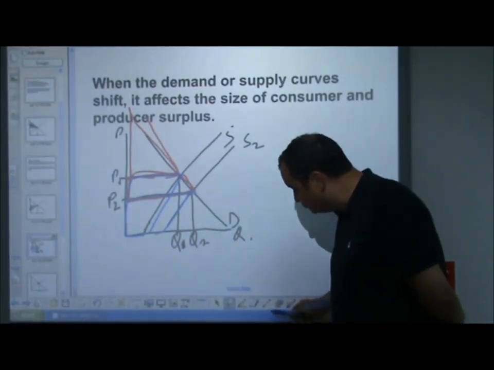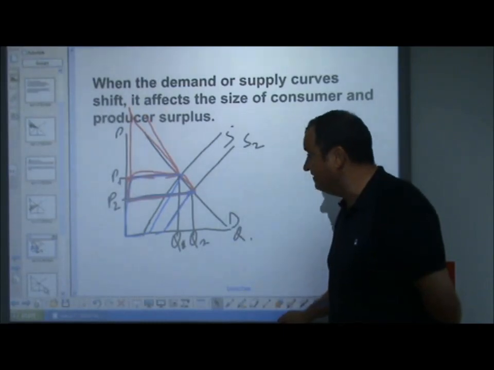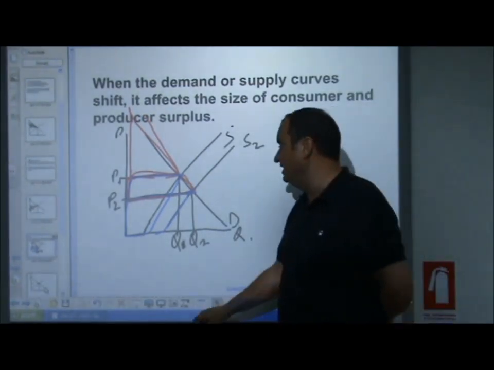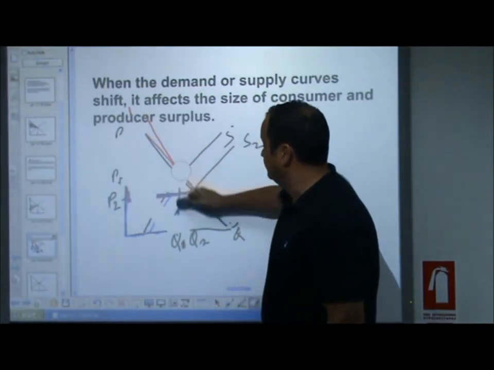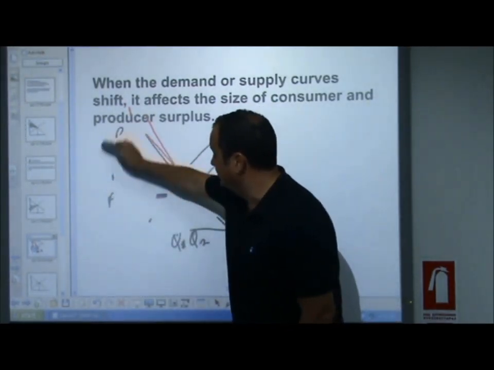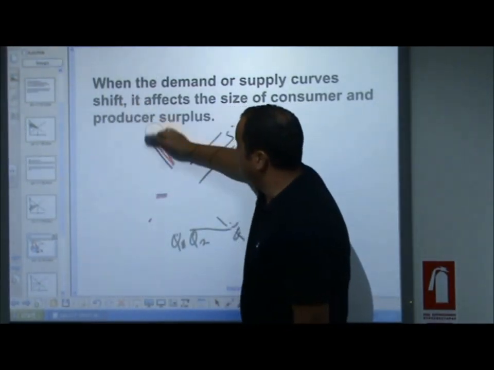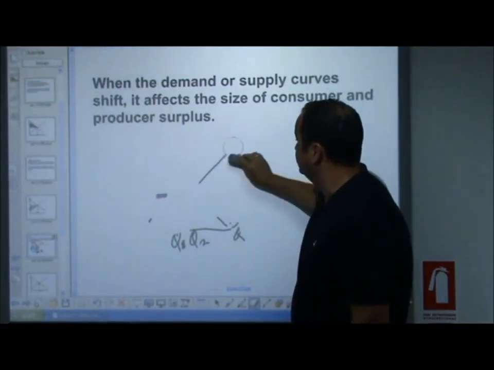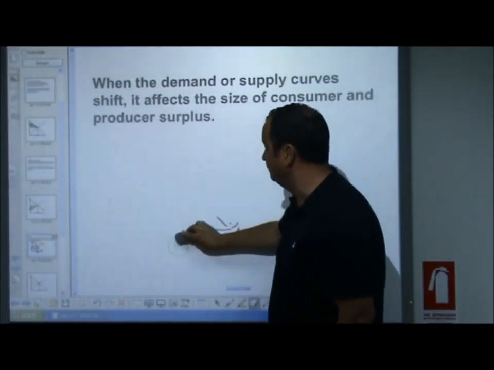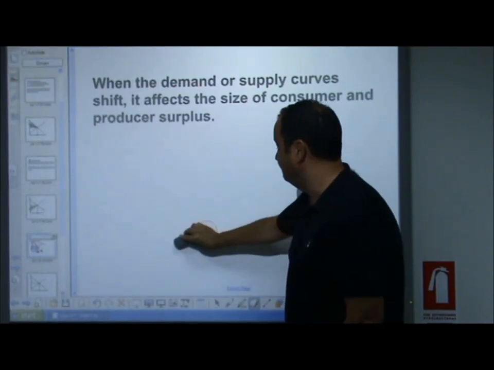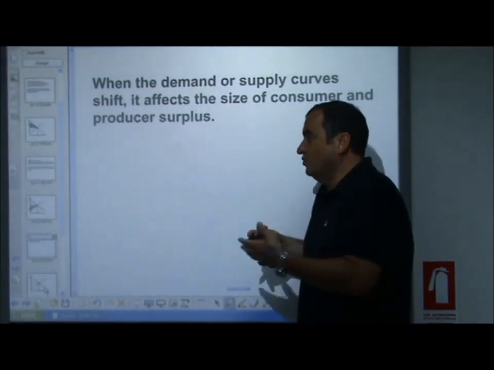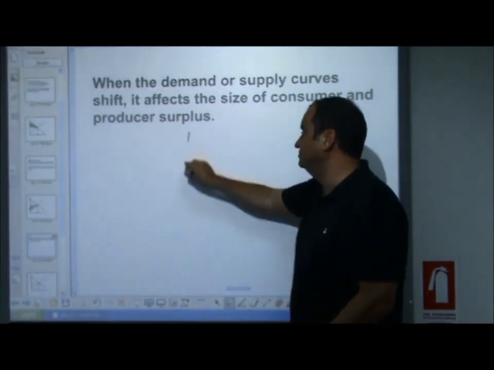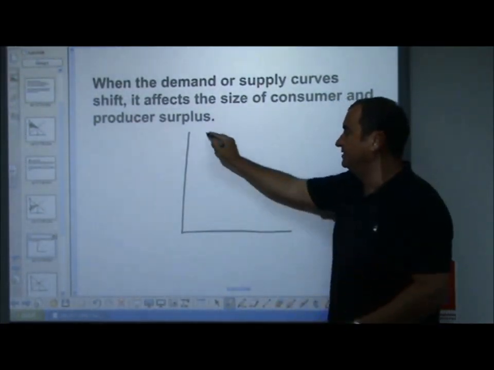If I redraw this to show a change in demand, let me clean the board. If I show a change in demand, you're going to see that producer surplus is the more easy change to register on the diagram.